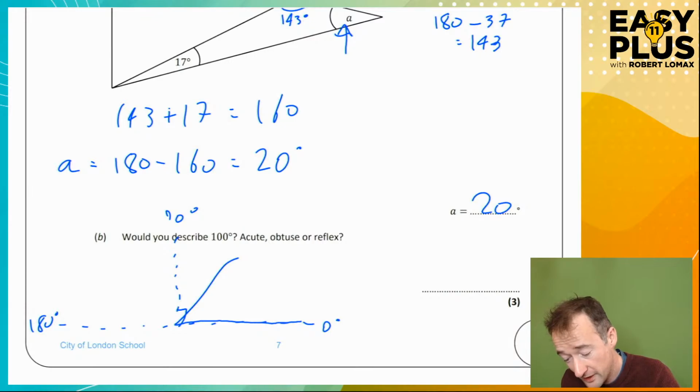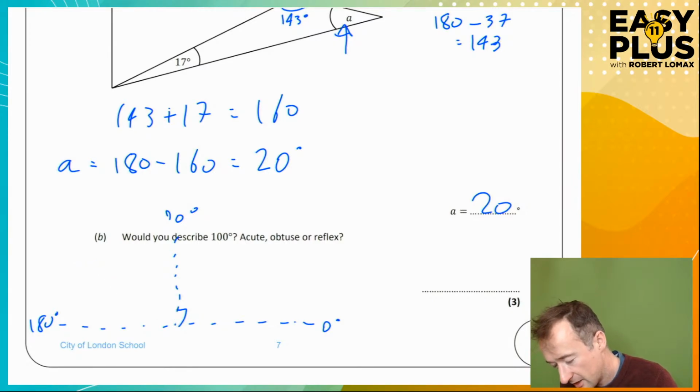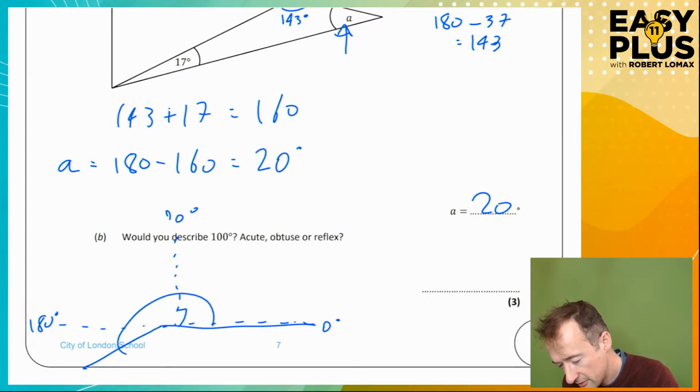That's an acute angle. An obtuse angle is between 90 degrees and 100 degrees. So it's something like this. That's obtuse. And a reflex angle is more than 180 degrees. So it's like that. Sorry, did I say 100? An obtuse angle is between 90 degrees and 180 degrees. That's what I meant. A reflex angle is a kind of angle that goes back on itself.